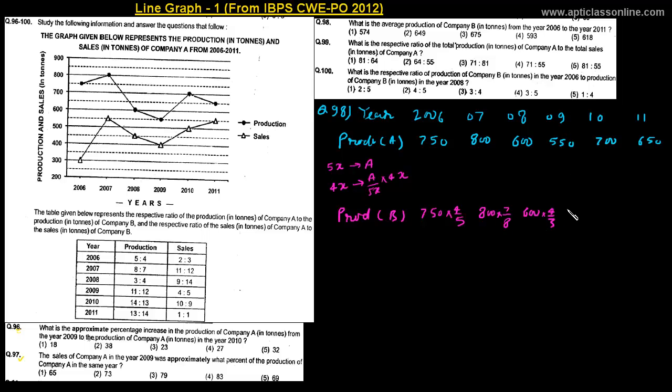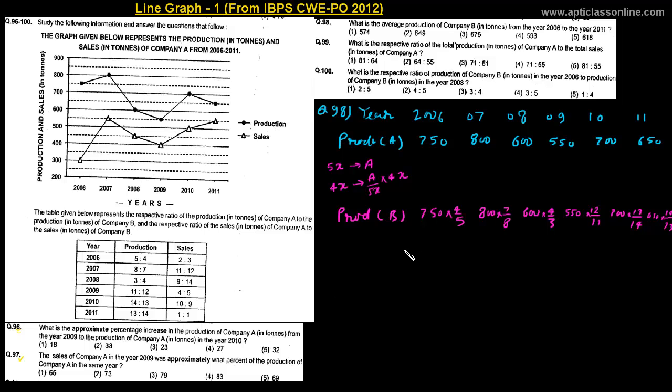For 2009, 550 multiplied by 12 by 11. Similarly, 700 multiplied by 13 by 14. And for the last, 650 multiplied by 14 by 13.